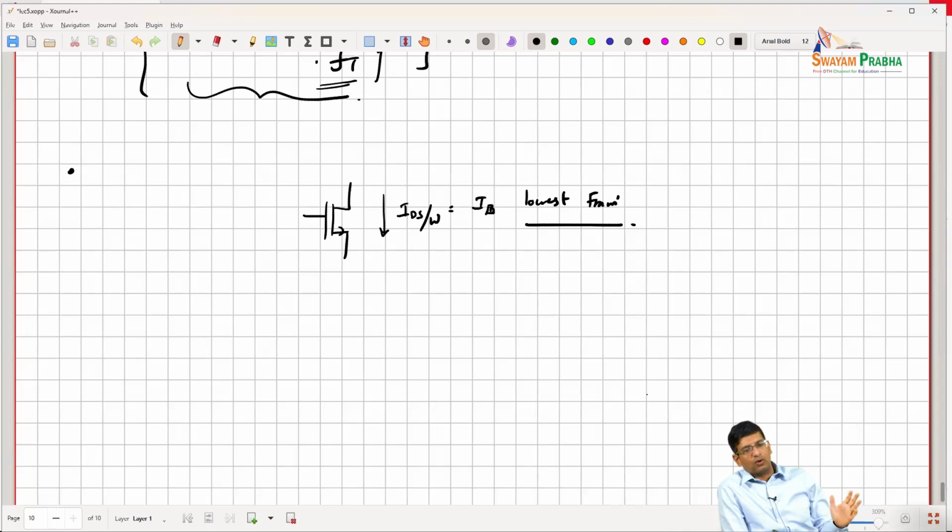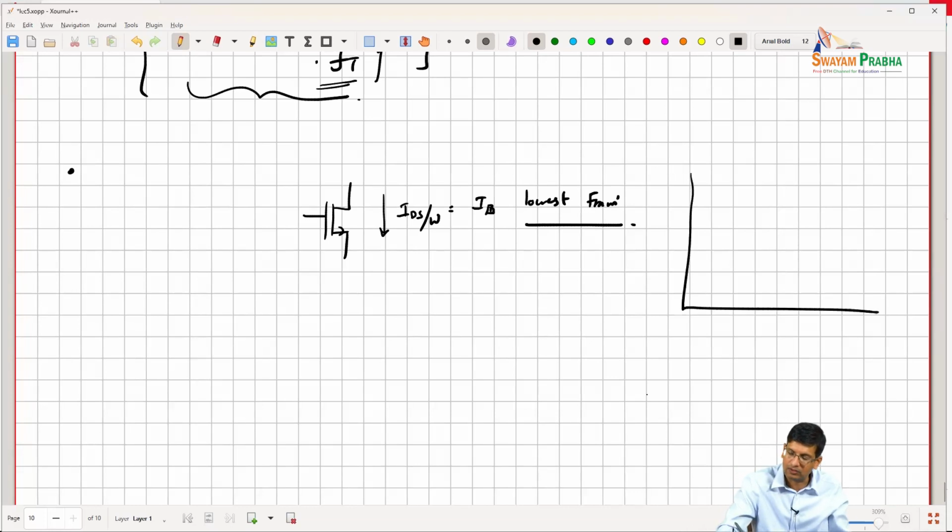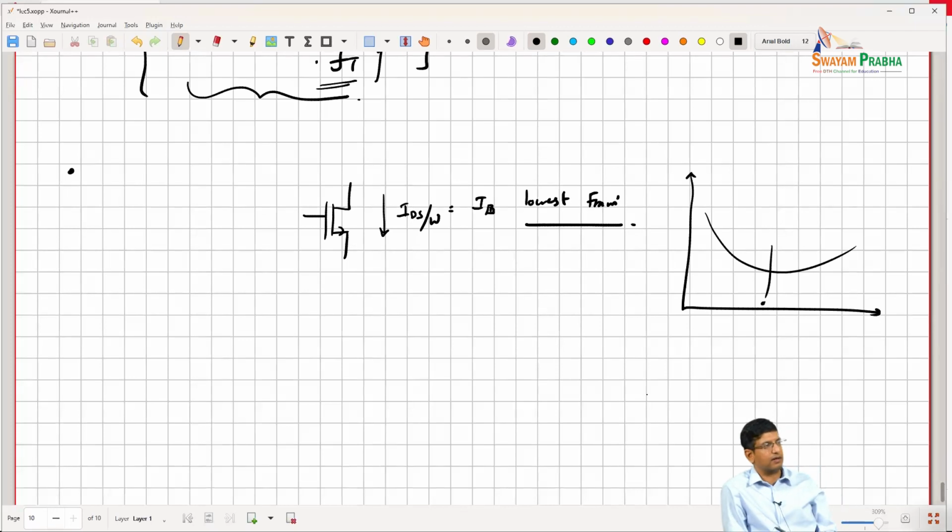So we can sweep the current density through the device, and when we look at F min, we see a plot that looks something like this. So we can basically find the current density that minimizes F min, and once we do that, we can then scale the width of the device.